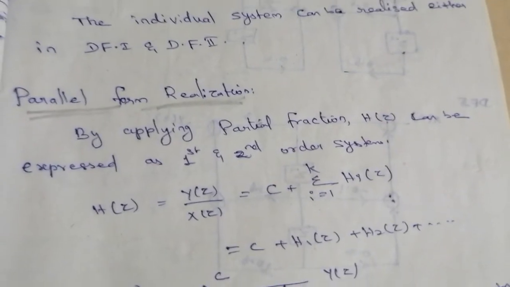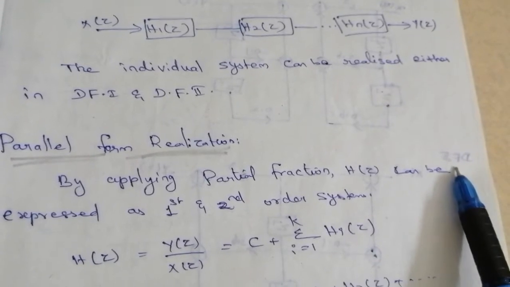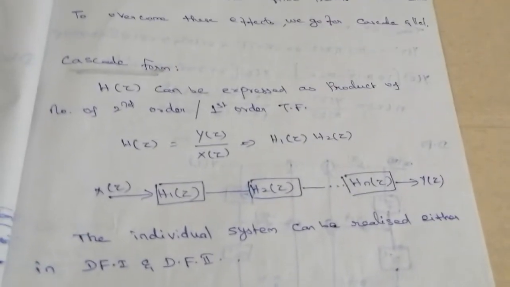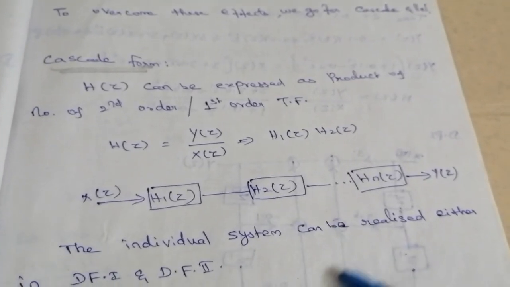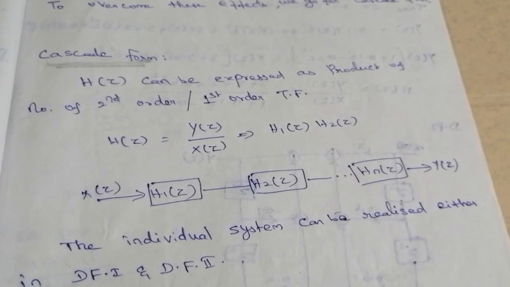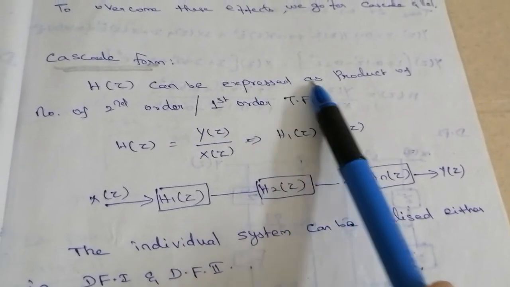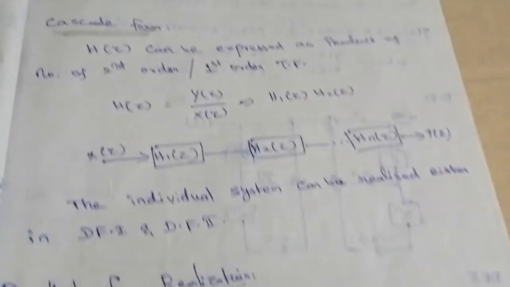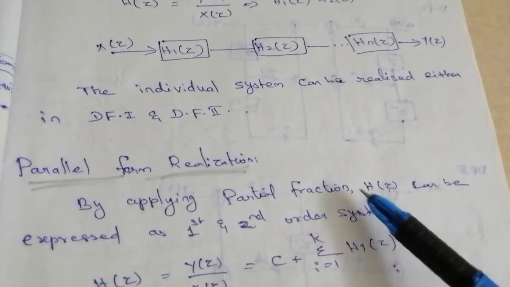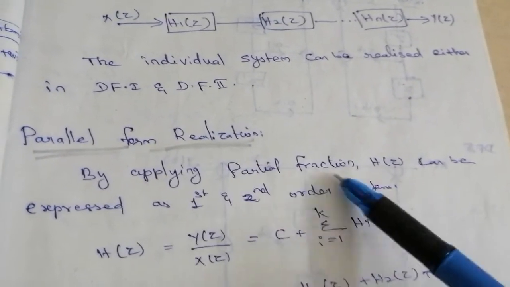So parallel form realization, by applying partial fractions, h of z can be expressed as first and second order systems. So we noticed one point: cascade form is expressed as a product of a number of second order and first order systems, but in parallel form the first order and second order systems are expressed in terms of partial fractions. Partial fraction means addition, right?